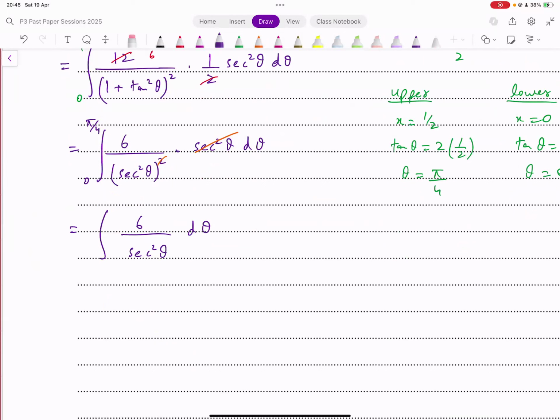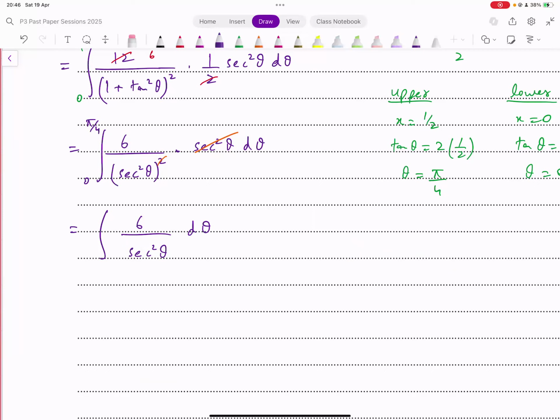How do we integrate this now? 6 over secant square theta. Can we integrate this directly? If it was in the numerator, we could integrate this directly because integration of secant square is just tan. But this is in the denominator. We would have to apply some other rule. None of the fraction rules work.